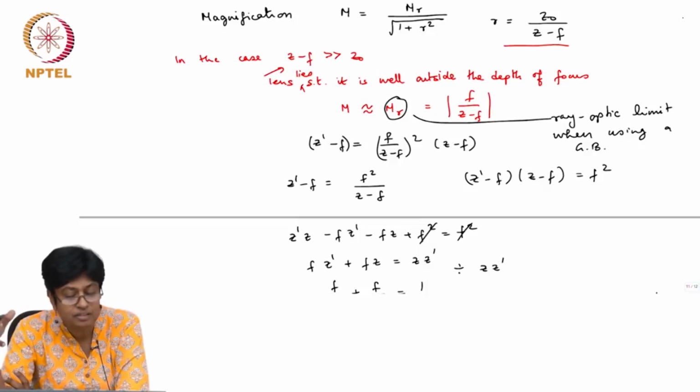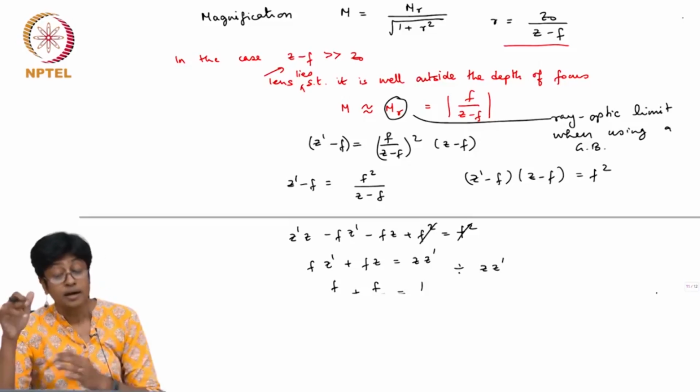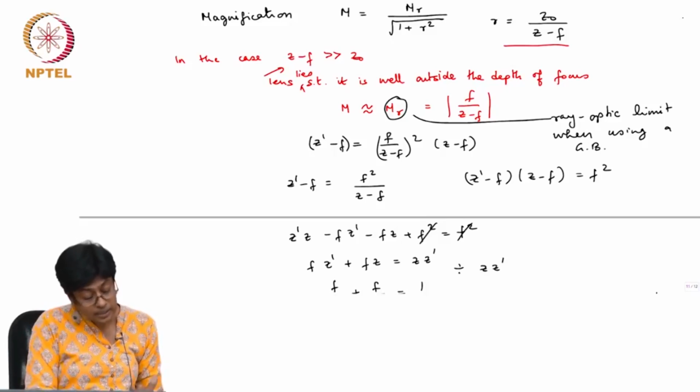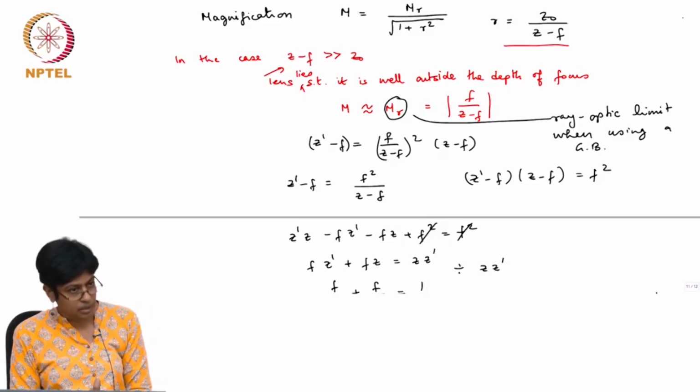And in reality, for a Gaussian beam, if this condition is not satisfied, the magnification you get is going to be some value less than M_R. So we are studying the Gaussian beam.